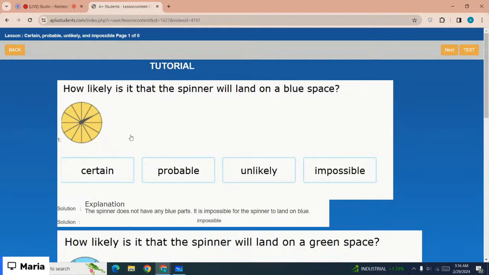Okay, start with the first example. How likely is it that the spinner will land on the blue space? So just look at the spinner carefully, right? Do you see any blue space on the spinner?